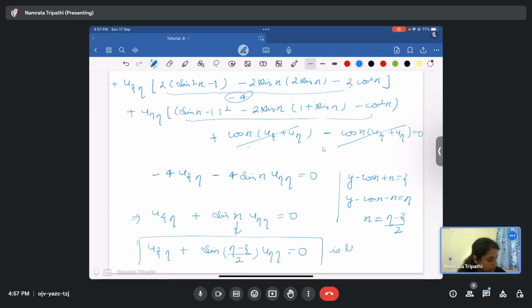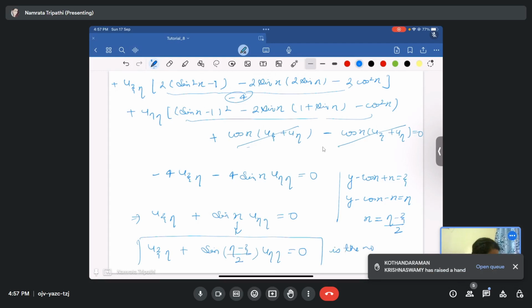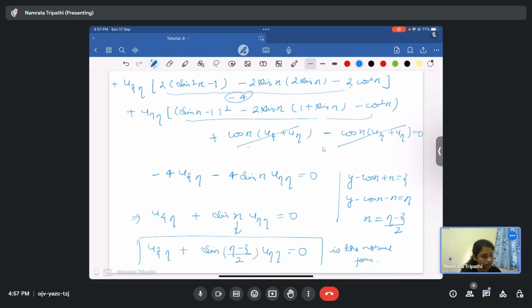What about the general solution, madam? You can calculate the general solution, but the question just says reduce the PDE into canonical form. I'm not talking about the general solution.